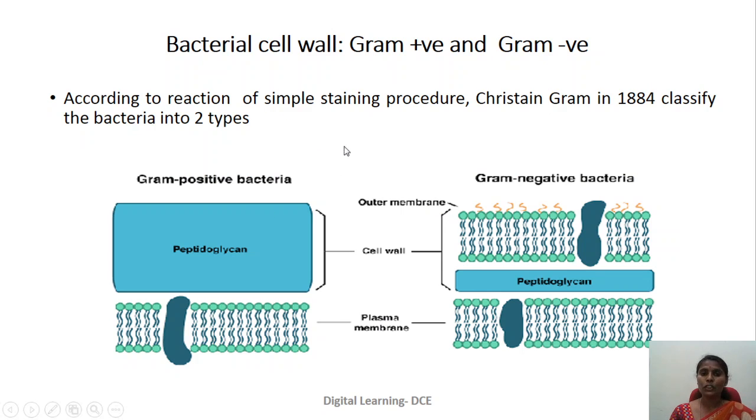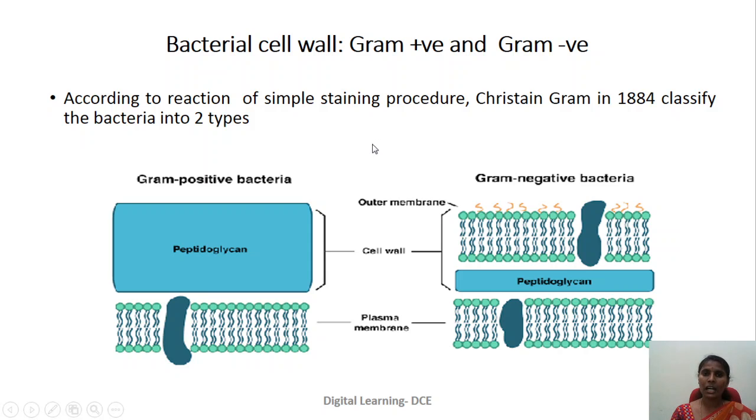Based on the staining technique developed by the bacteriologist Christian Gram in 1884, bacteria are categorized into two types, gram-positive bacteria and gram-negative bacteria.